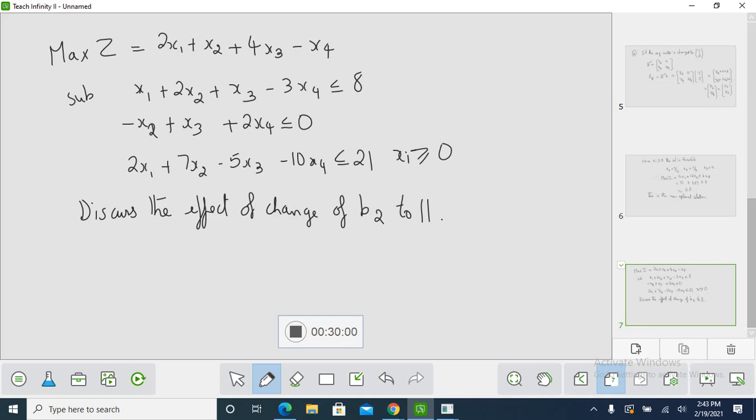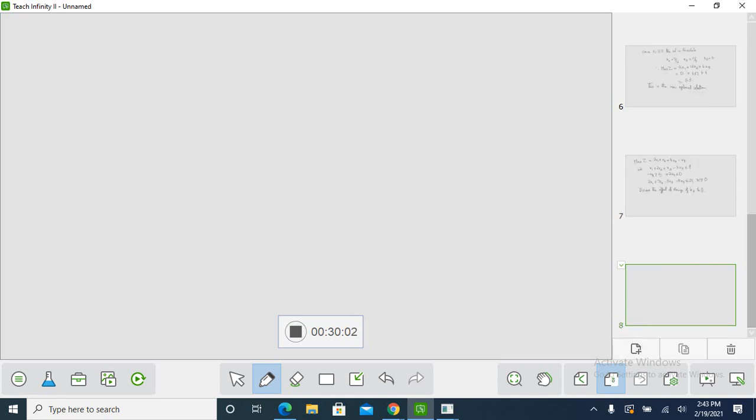So the final table we get on the final iteration will have a CB, a YB, and an XB.